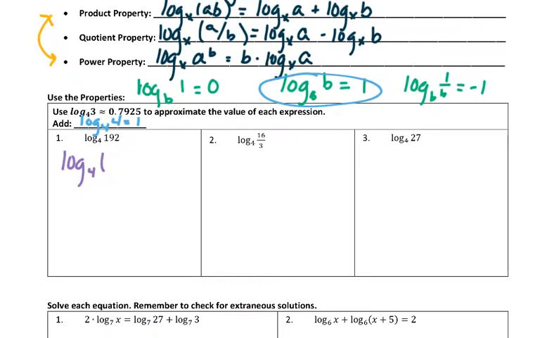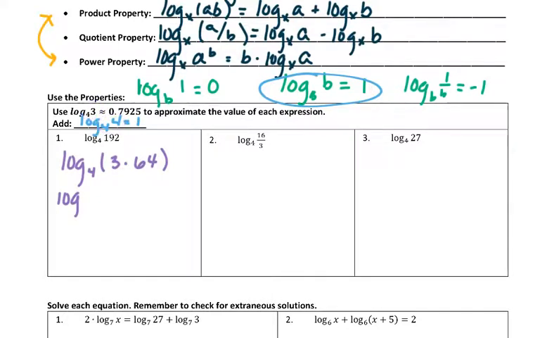So 192 is the same thing as, we could break it up into 3 times. Now we want to make sure we're using 3 and 4s because that's the information that we know. So it's 3 times 64, okay? But that means we have to still break up 64 more because neither of these numbers is 64 that we have.